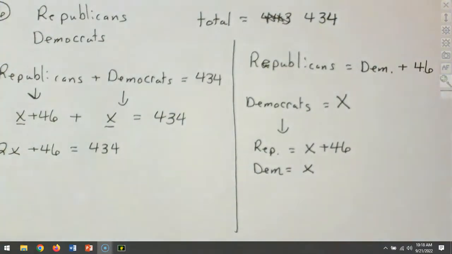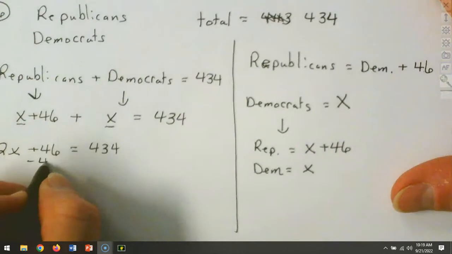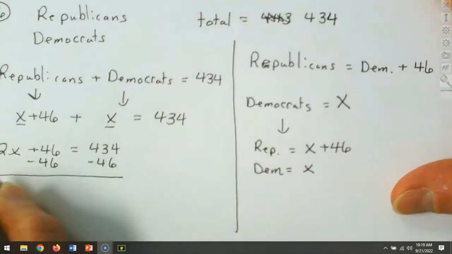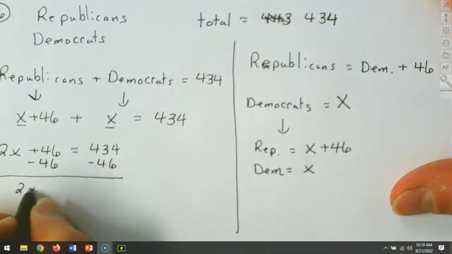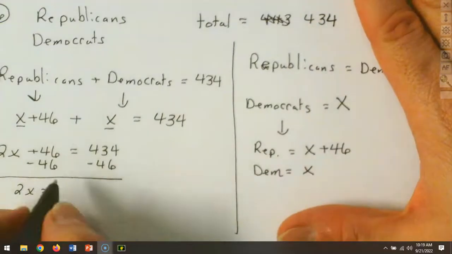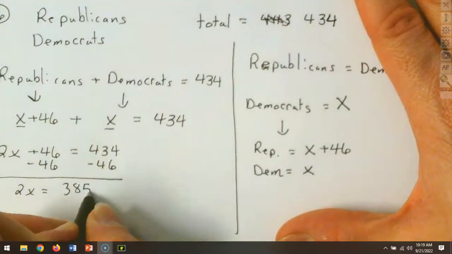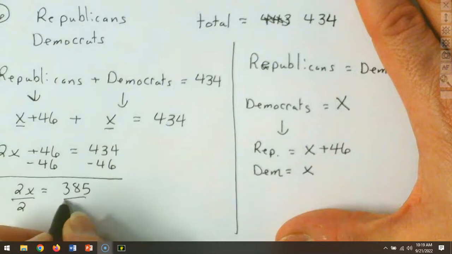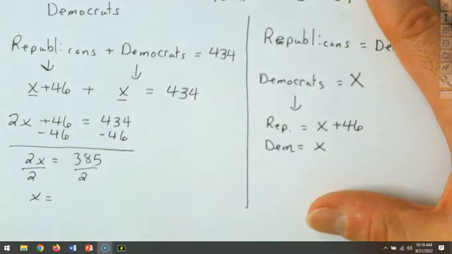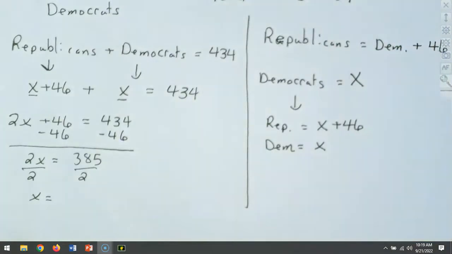Okay, now we can finish it, because what am I going to do? I'm going to move that 46 over. And now we've got 2x equals 434 minus that 46. Oh, wait a minute.